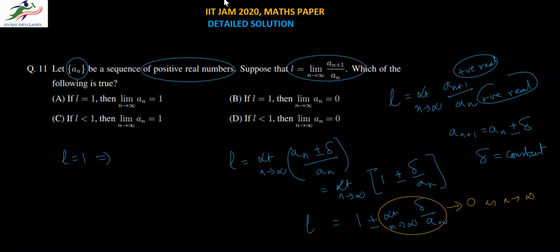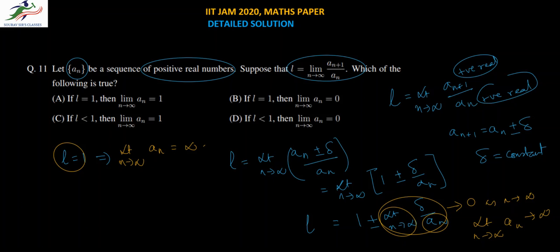That means as n tends to infinity, an would tend towards infinity. So if L equal to 1, this means limit n tending to infinity of an will be equal to infinity.